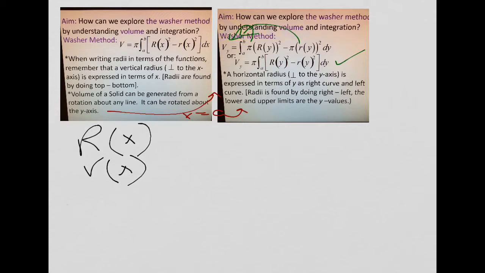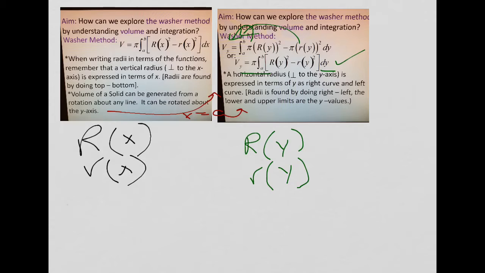Both big R and little r, our radii, are in terms of y. So when we integrate, since these are all values of y, this has to be a dy, so we integrate with respect to y.